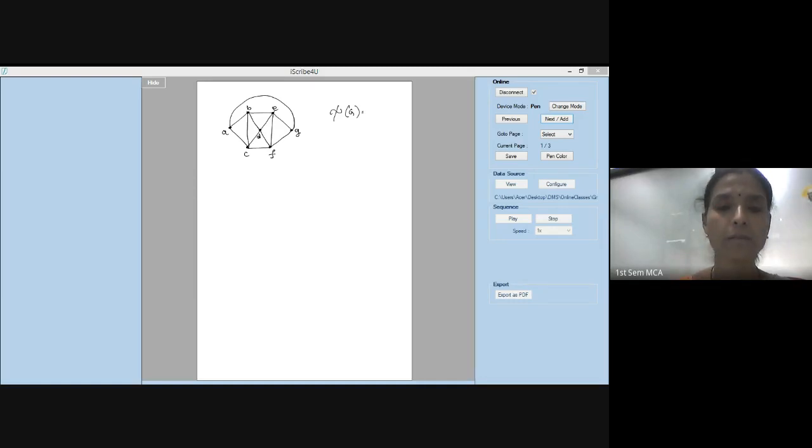See, chromatic number, as I said, is the minimum number. If you are saying 4, you should not be able to do it with less than 4, that is, with 3 colors. If you are able to, but you say the chromatic number is 4, then your answer is wrong. So first, clearly check properly every time you are given a graph. Any answers?